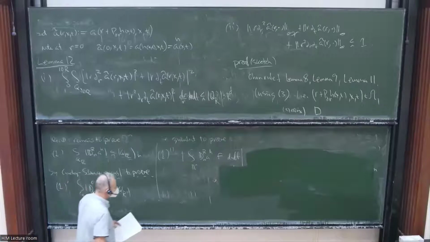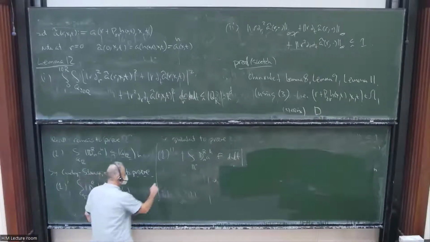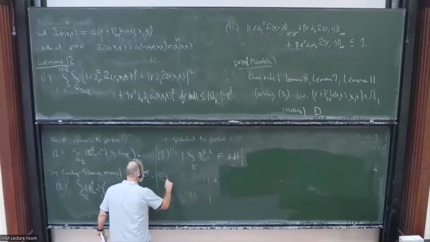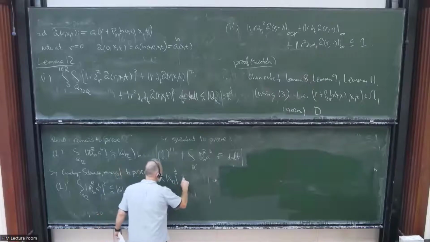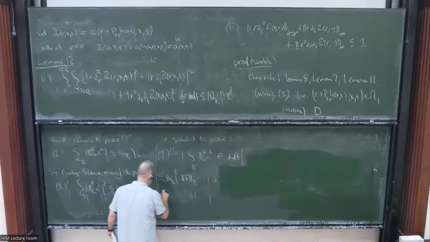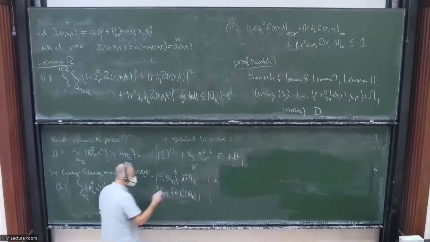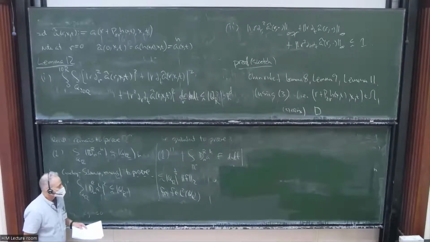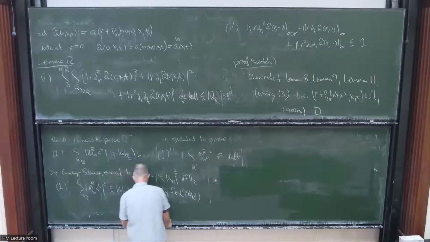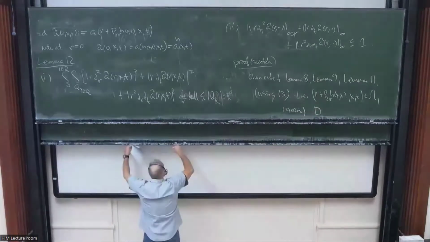We'll have to live with it. Okay, so it's enough to prove that this is less than or equal to the square root of the measure of QR times the L2 norm of F, for F in L2 of QR, so an L2 function supported in QR. All right. Okay. So we'll give this a chance to dry.